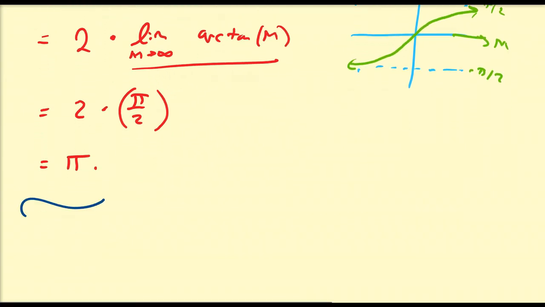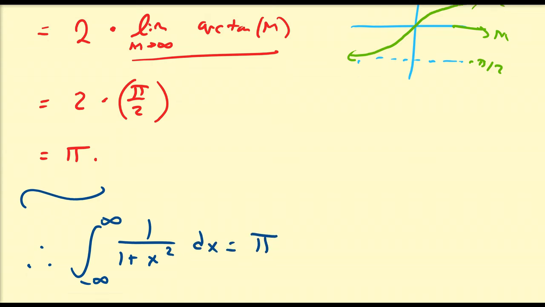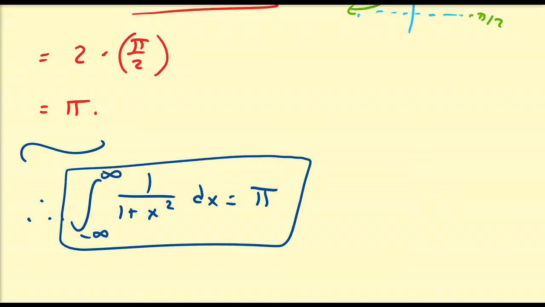So in conclusion, the improper integral from minus infinity to infinity of 1 divided by 1 plus x squared dx is just equal to pi. Those are just 2 examples of how to evaluate improper integrals of this form.